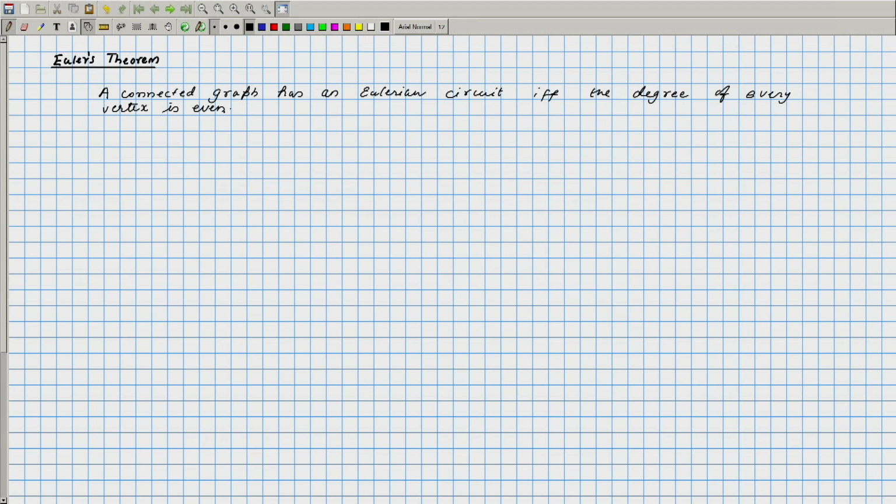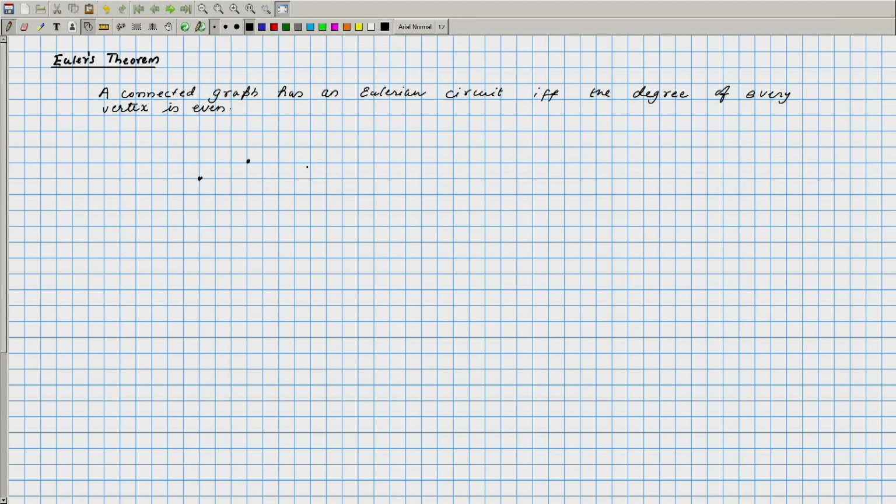Okay, so, an Eulerian circuit was a walk in the graph where no edge is traversed twice and every edge is traversed exactly once. For example, if we consider the following graph, this graph will not have an Eulerian circuit as per the theorem, because if you look at these vertices, they all have degree 3.